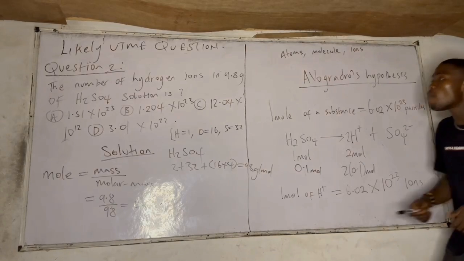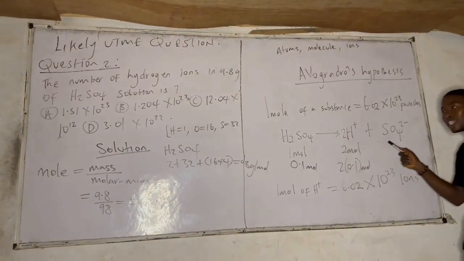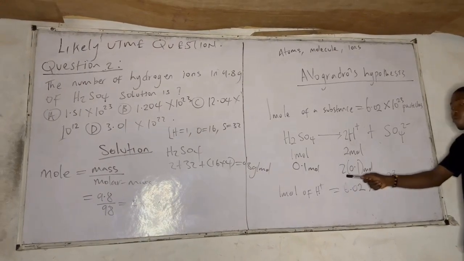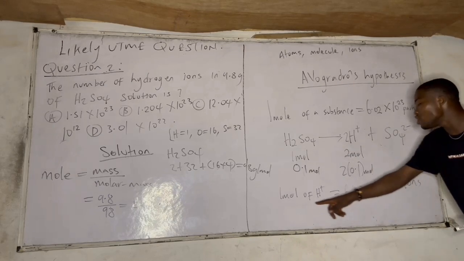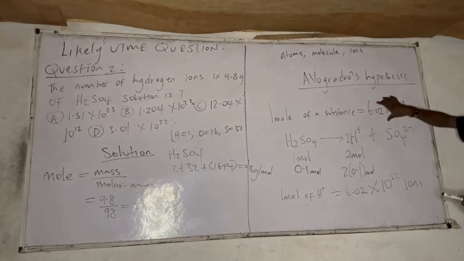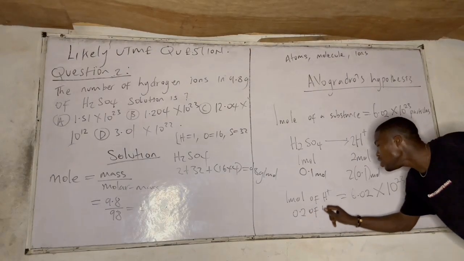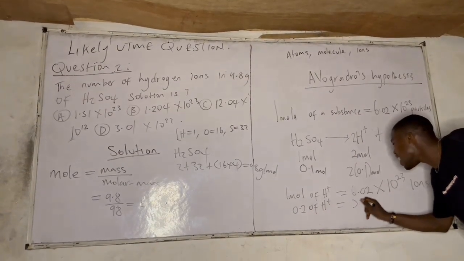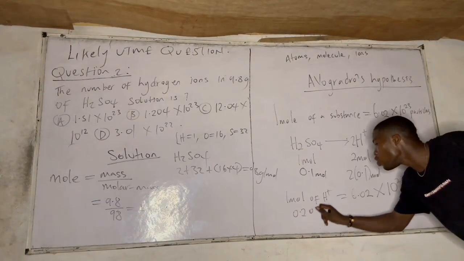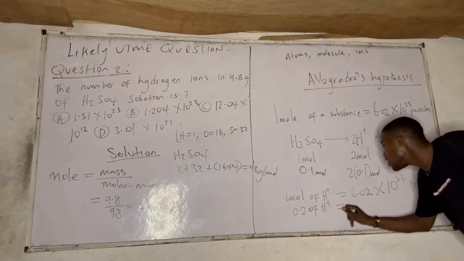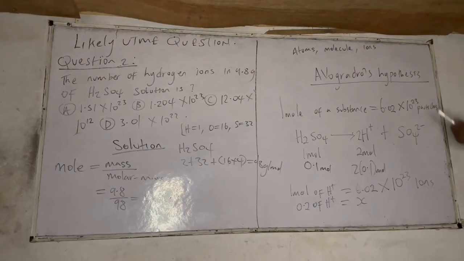And 0.1 mole of H2SO4 means, from the breakdown of the ionic equation, there are 0.2 moles of hydrogen ions present. So if 1 mole of hydrogen ions gives these ions according to Avogadro, therefore 0.2 moles of hydrogen ions will give me X. So that's what the question was looking for.